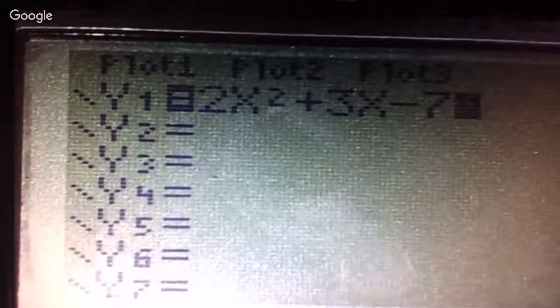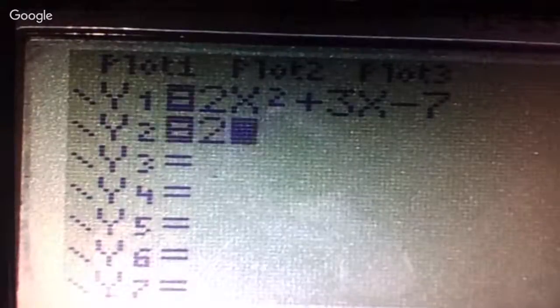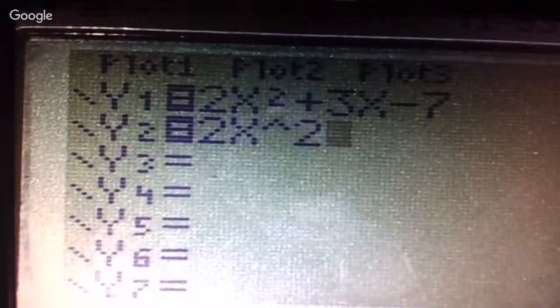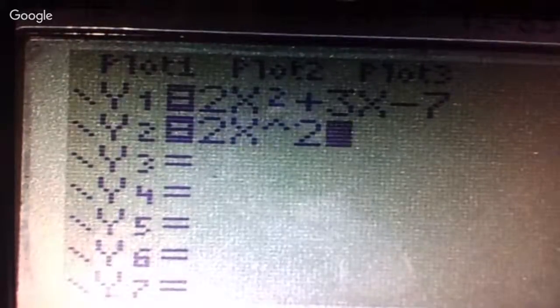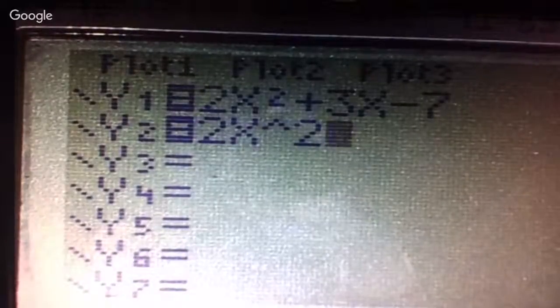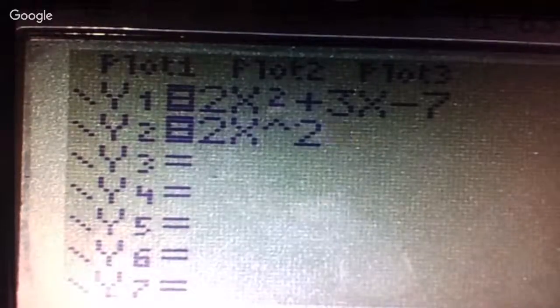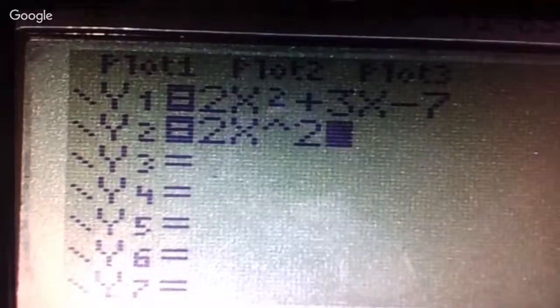We put the little caret in too. Let me show you that. This is the same thing as 2x squared. That little caret tells you that that 2 is an exponent. So I don't care which way you put it. You've got both of those options.